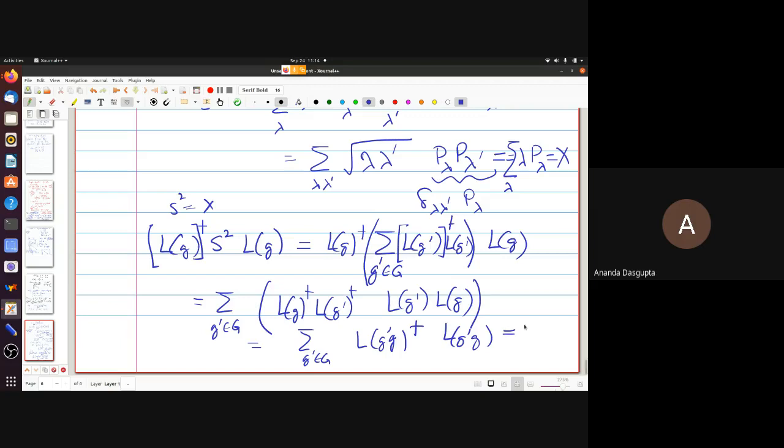Now I'm going to claim that this is the same as X or S squared. Can anybody see why? Or if you can't see why, tell me. This, by the way, is a standard step that I'm going to follow over and over again in various proofs. That is, when you have a sum over the entire group, now you're changing the group element and you're summing over G prime, and you're claiming that this is the same as X. Can you see why?